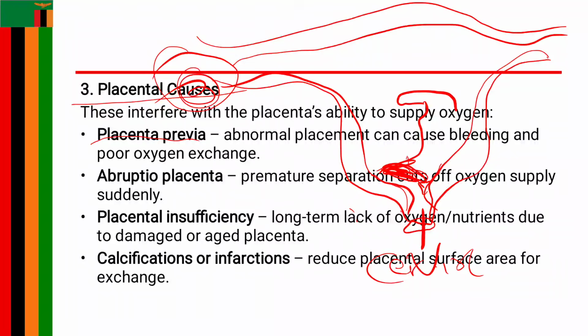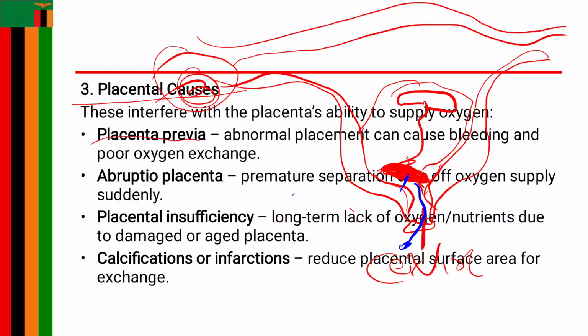So we'll have this as our baby, and we have this as the membrane. But remember, the placenta has the maternal site and the fetal site. So the maternal site is this meat part that attaches to the walls of the uterus. So now, if this particular part is closer to the cervix, tearing can easily occur to this point, causing the mother to bleed before they deliver.